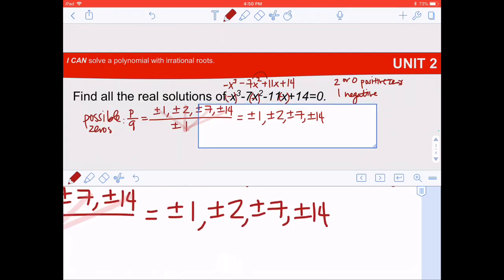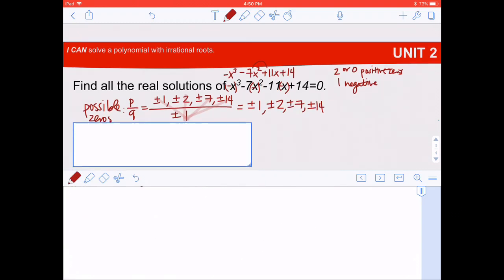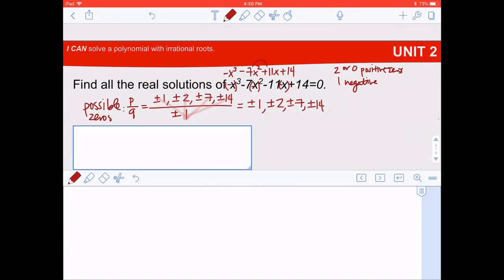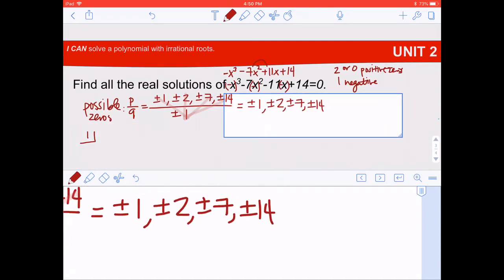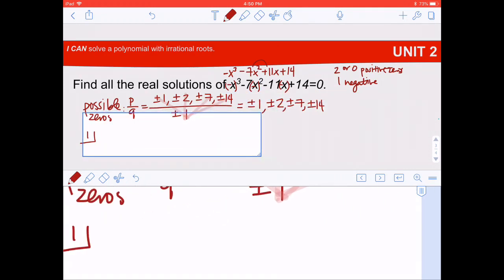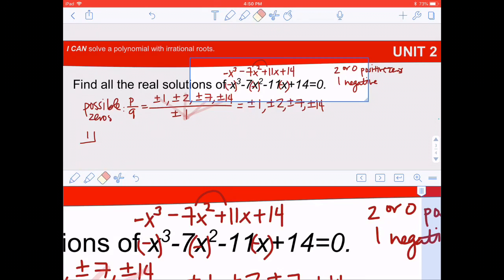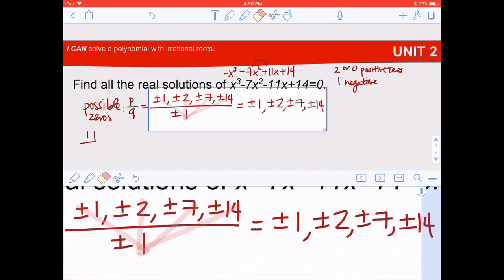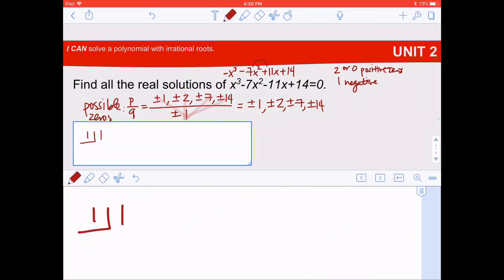Why don't we just go ahead and try some of these possible zeros and see if they work. So I'm going to start out with 1, since positive 1 is a possible solution here. And I'm going to do synthetic division. Let's see what our original was here. We have 1, negative 7, negative 11, 14. Bring down the 1.